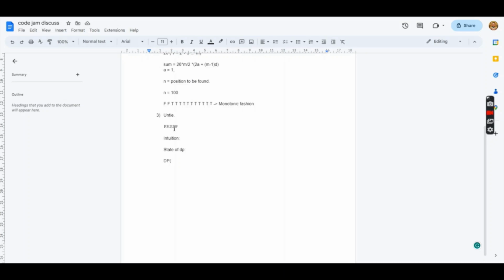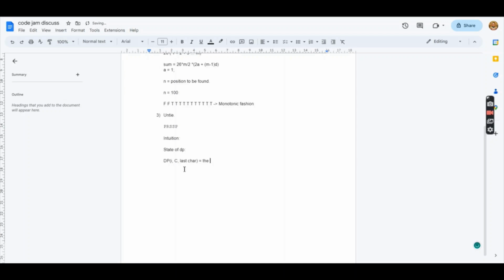Let's say this position is I. So the first state will be the index I, and the next position will be the character we are going to put at that position, so character C. And the last position is the last character we are going to put. I will try to explain why storing the last character is important.